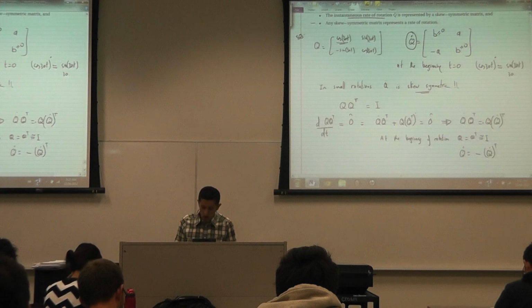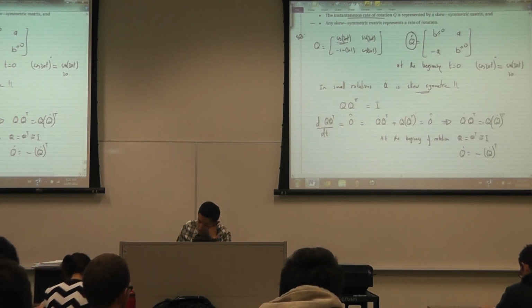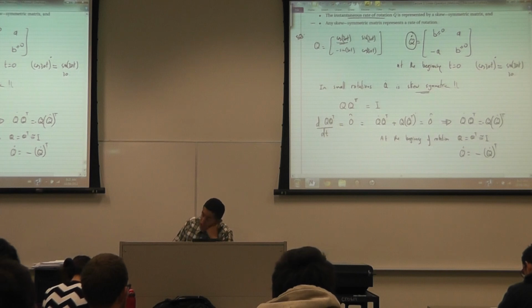So the instantaneous rate of rotation Q dot is represented by the skew symmetric matrix. Q dot is a skew symmetric matrix only at the beginning of any rotation. Also, any skew symmetric matrix represents a rate of rotation.